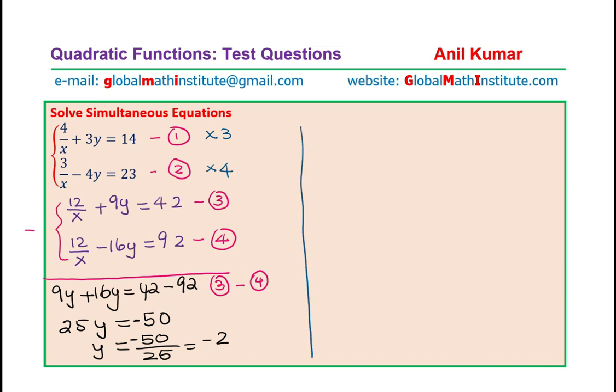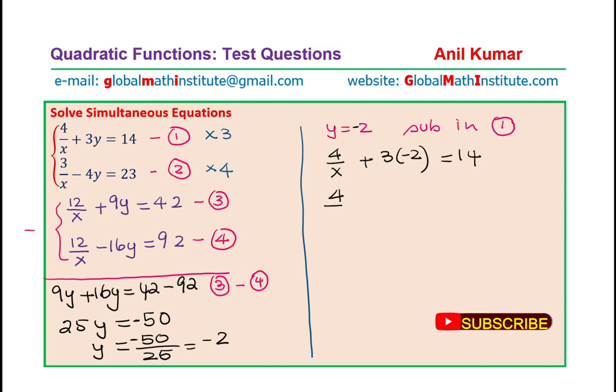So once we get y equals minus 2, we can always substitute in one of our equations, any one. So let's substitute in equation 1. We have 4 over x plus 3 into minus 2 equals 14.